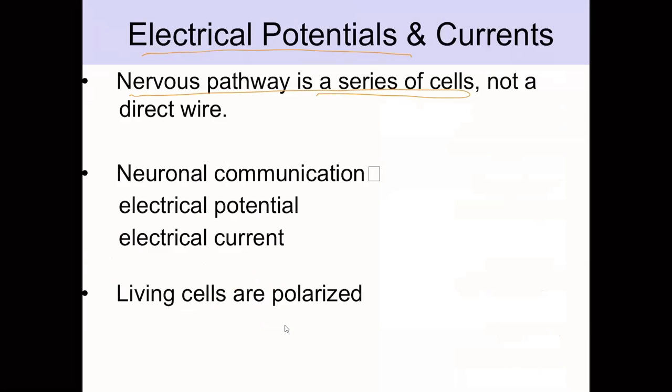It's not one direct line going from your toe to your brain. Information has to go from one cell to another cell. Neuron communication is based on electrical potential. And if cells are alive, they're polarized, so they're charged.